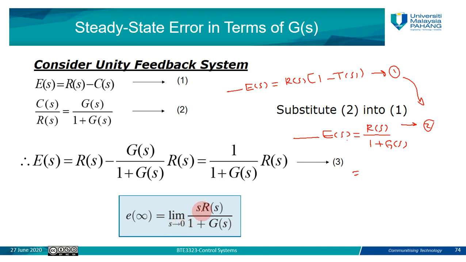You are going to replace the value of ES with its value, which is RS over 1 plus GS, because the formula says E infinity equals limit t goes to 0 of et, this is in the time domain, or equals limit s goes to 0 of SES, this one in the frequency domain after applying Laplace transform. ES is the value here, which is RS over 1 plus GS.